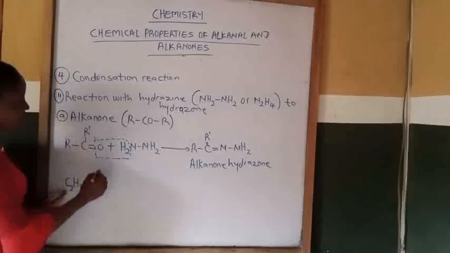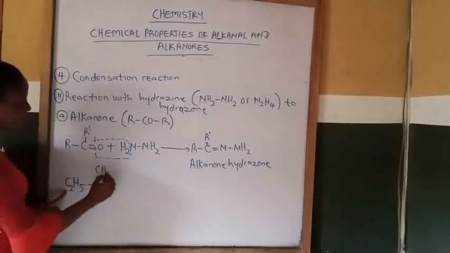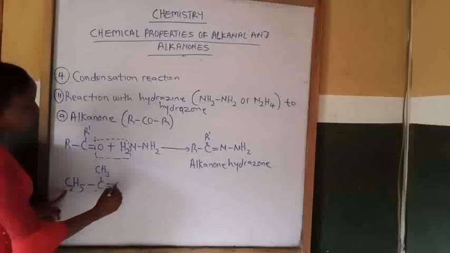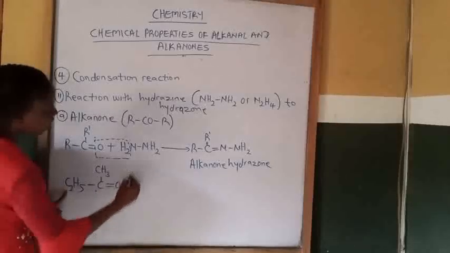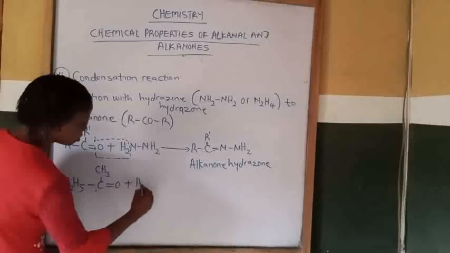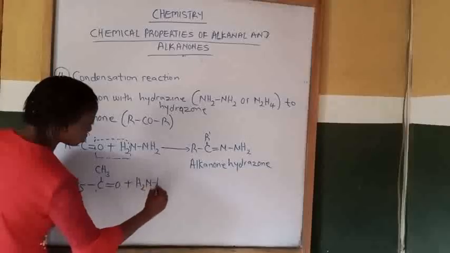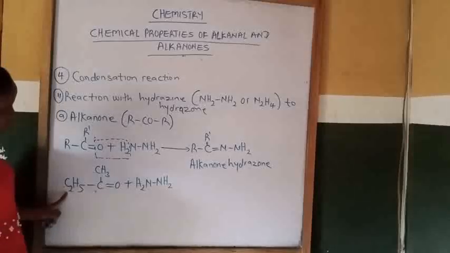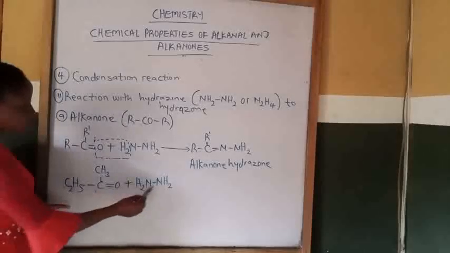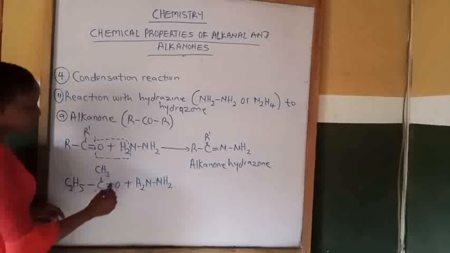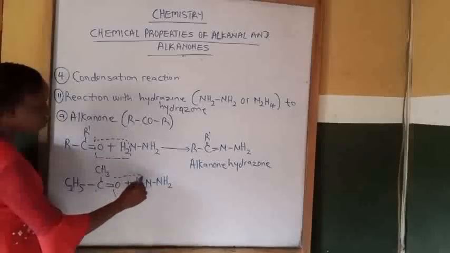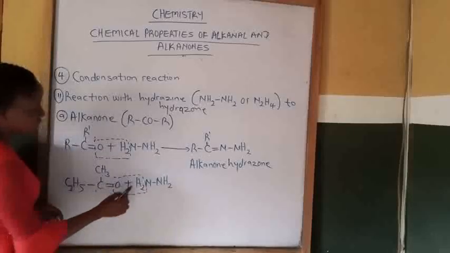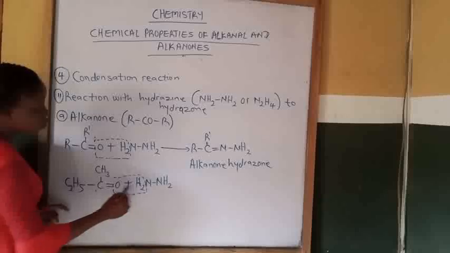Then I will replace the second R with CH3. Then double bond O plus hydrazine. So a reaction between two molecules under condensation will lead to the elimination of what? A smaller molecule, e.g. water. So we are going to eliminate a water molecule.